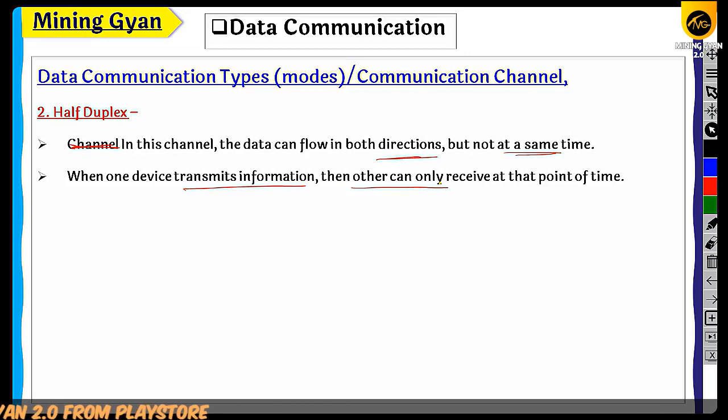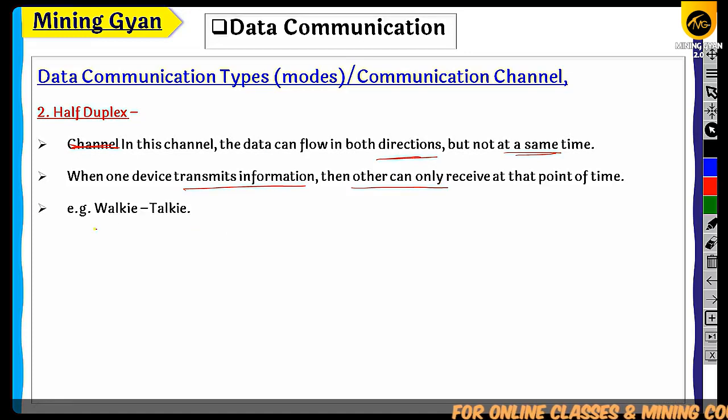Okay, so at one time the sender can send the data, and at the same time the receiver can only receive the data; it cannot send the data from the receiver end. For example, the walkie-talkie is the best example.